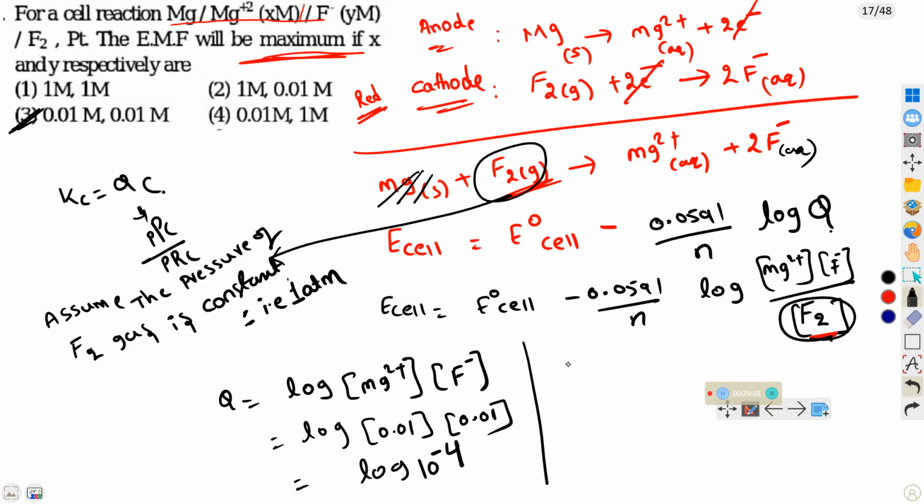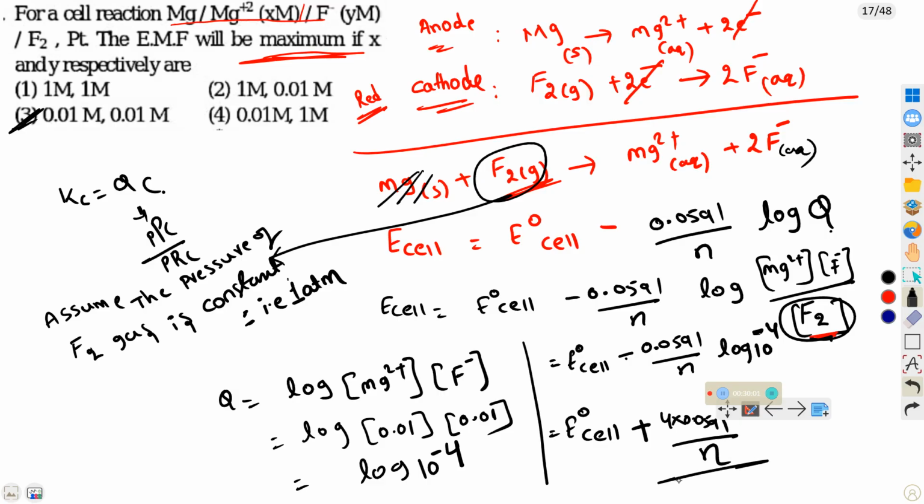Substitute here: E naught cell minus 0.0591 by n log of 10 power minus 4. Minus into minus gives plus, so you get E naught cell plus 4 into 0.0591 by n. This is the maximum value. If you have doubt, you can substitute the remaining values also.